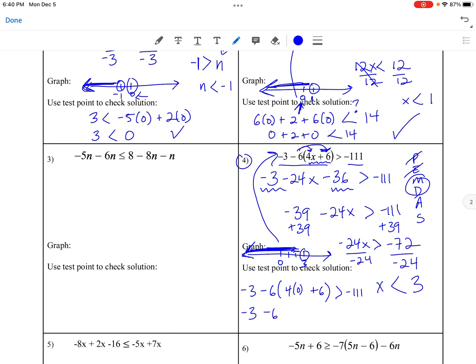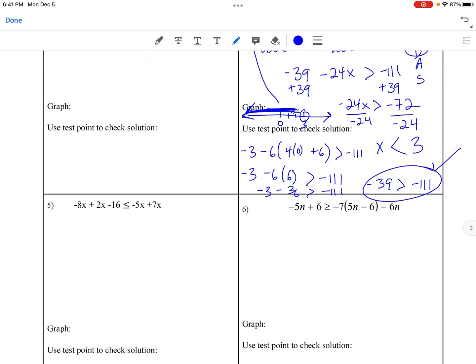I'm going to have to simplify inside the parentheses. Negative 3 minus 36, and we get negative 39, is greater than negative 111. Yes, that's true. So I've shaded the right area.